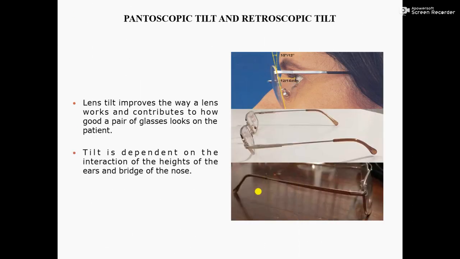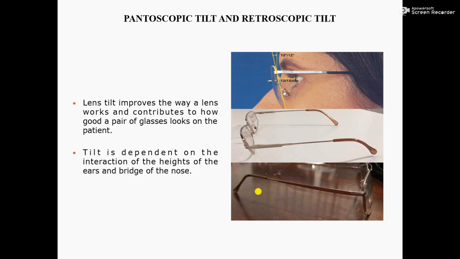Next, lens tilt improves the way a lens works and contributes to how good a pair of glasses looks on the patient. Tilt is dependent on the interaction of the heights of the ears and bridge of the nose.